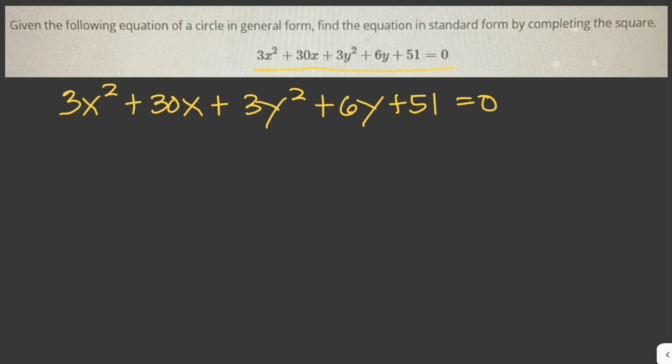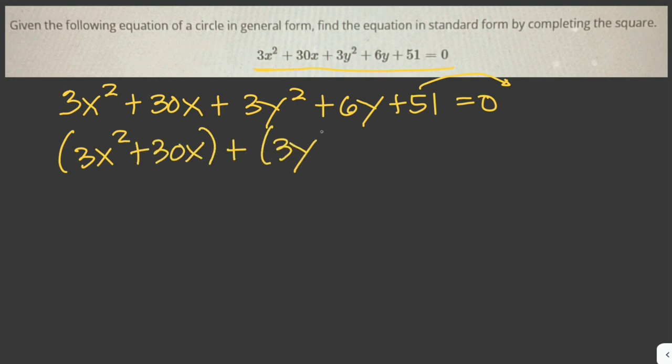Again, we can group this before completing the square, and then we transpose positive 51 to the right. So we group 3x squared and 30x plus 3y squared plus 6y equals negative 51.